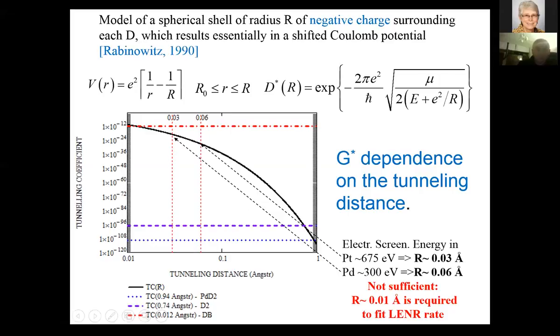If it is possible to screen this barrier up to distances of just a few fractions of an angstrom, then the probability increases drastically.